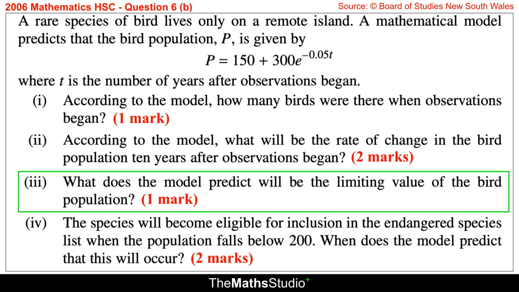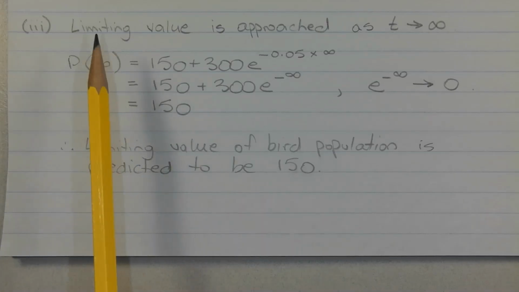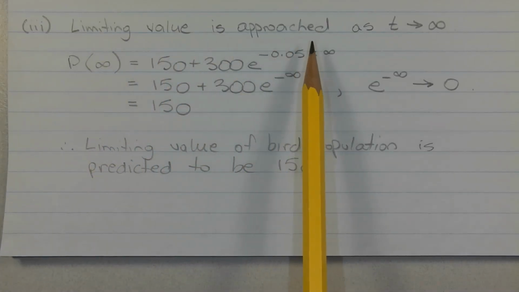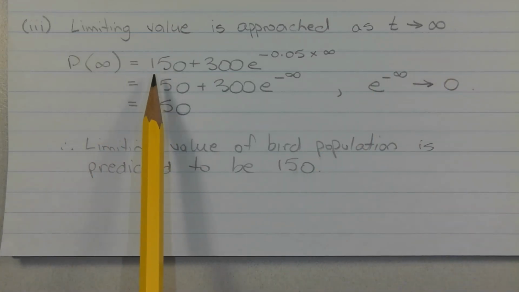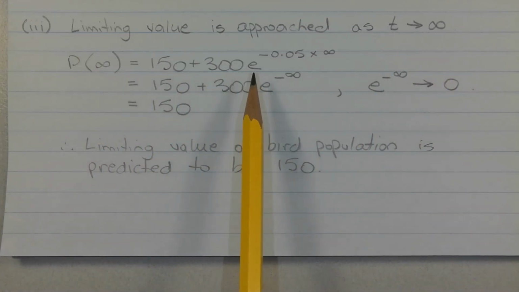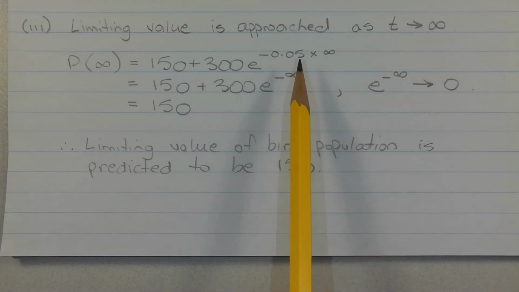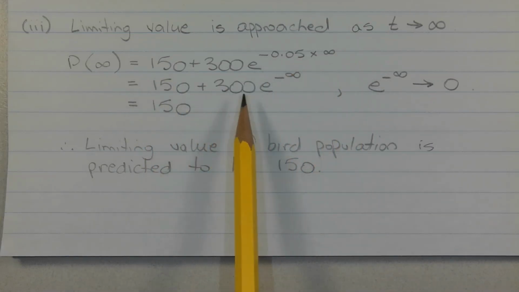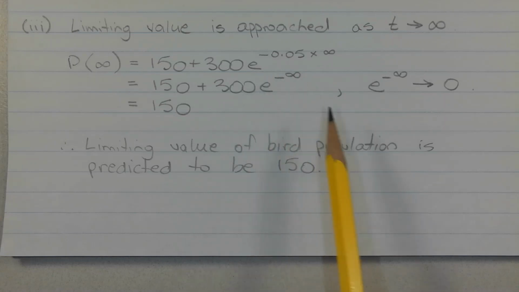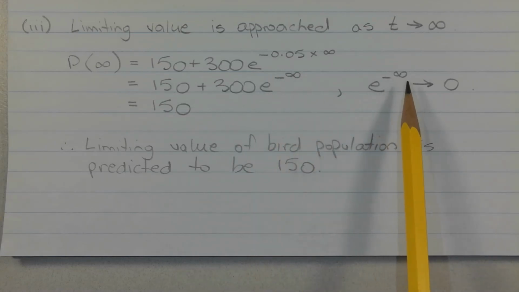Part 3. What does the model predict will be the limiting value of the bird population? The limiting value of the population is approached as t approaches infinity. So P of infinity is equal to 150 plus 300 times e to the power of negative 0.05 times infinity, which equals 150 plus 300 times e to the power of negative infinity, and e to the power of negative infinity approaches 0.